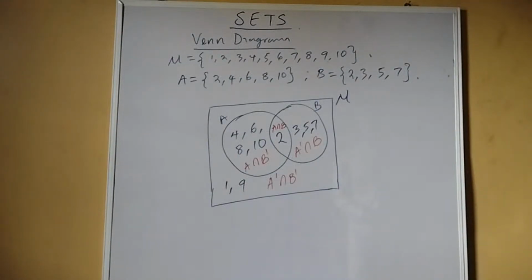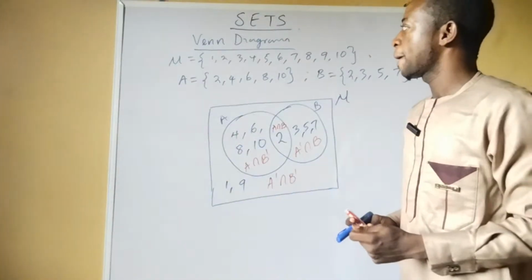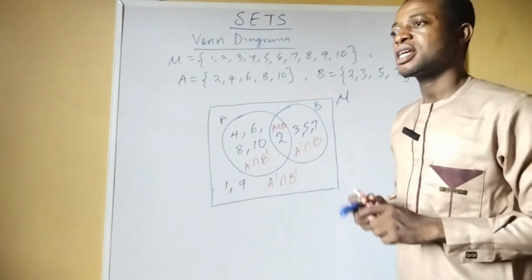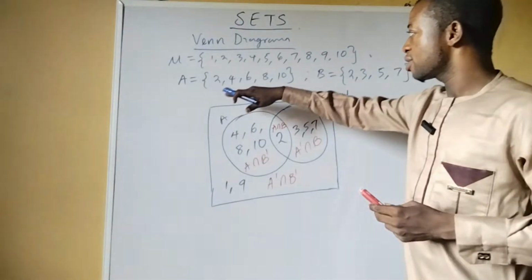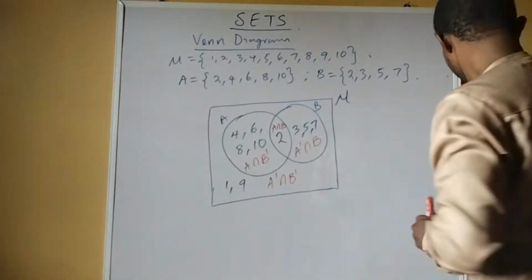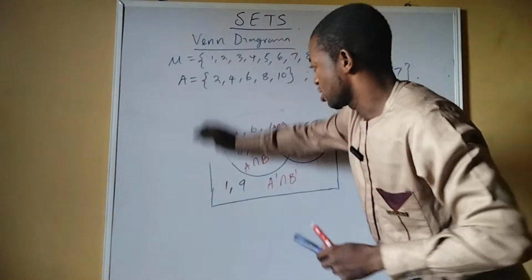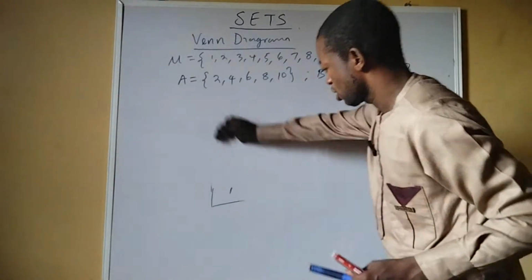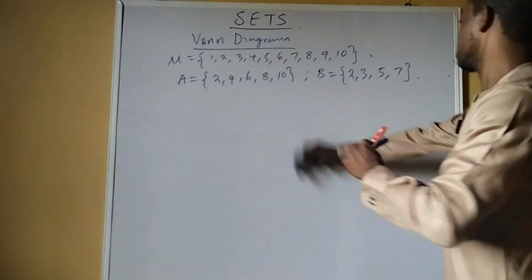All right. Now we still have the 3 set problem, when we are dealing with 3 sets. For instance, let's add set C now, and use it to describe 3 sets.